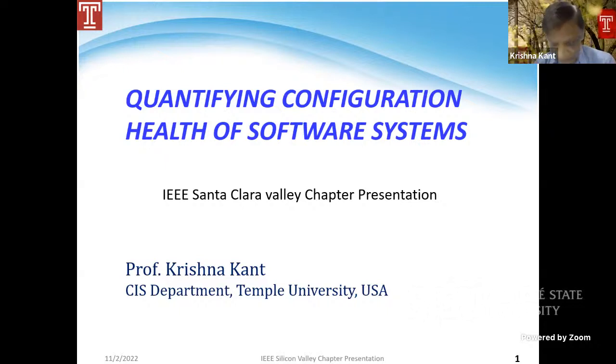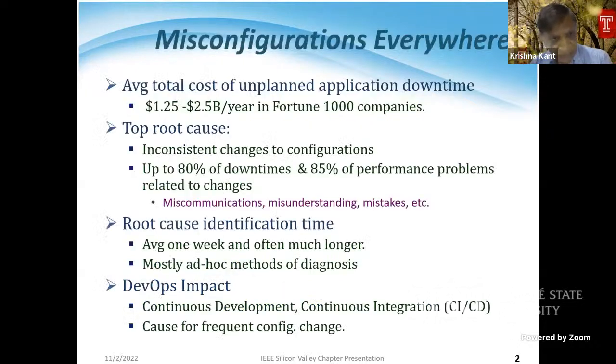So let's get started. I want to talk today about the problem of configuration management, which is a very difficult problem. And I believe that not enough attention in academia, at least, has been paid to it. As was mentioned by Vishnu in the abstract of the talk, configuration management issues are very expensive.